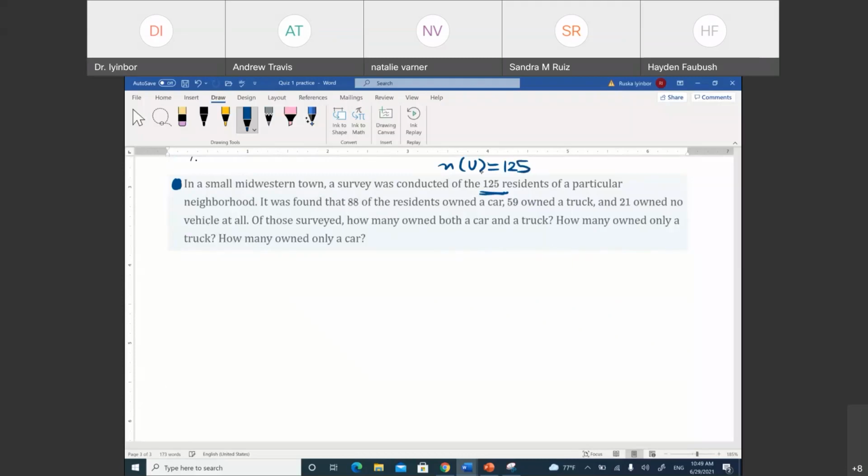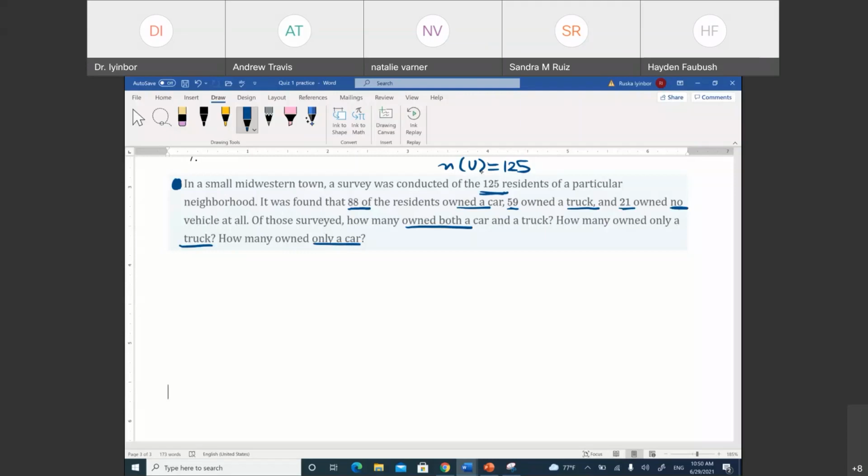It was found that 88 of the residents own a car, 59 own a truck, and 21 own no vehicle at all. Of those surveyed, how many own both? That's the first question. And how many own only truck and only car? So I have 3 things to find here.